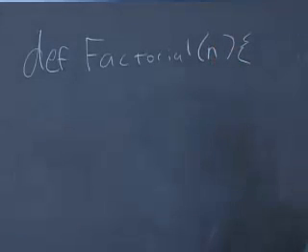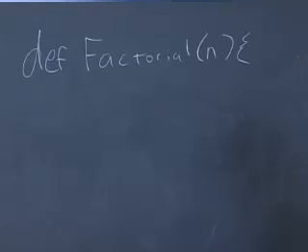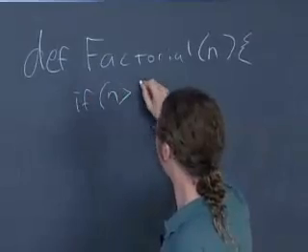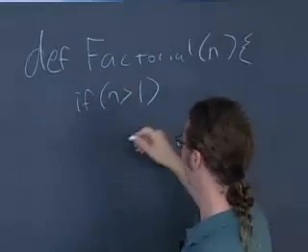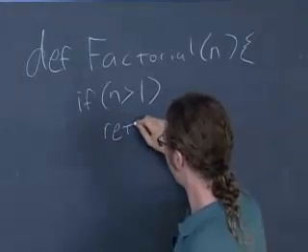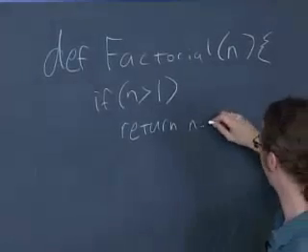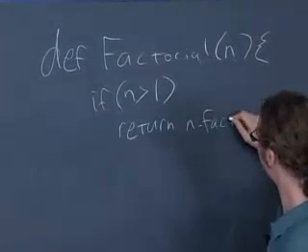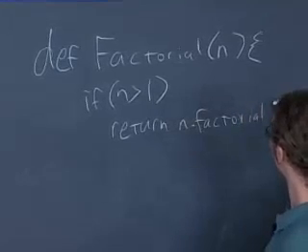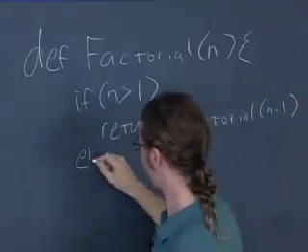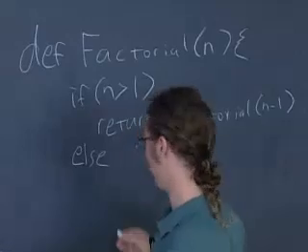You can call this function, pass it a number, and inside the function, it's referred to as n. This factorial function says if n is greater than 1, return n times factorial of n minus 1. Else, return 1.